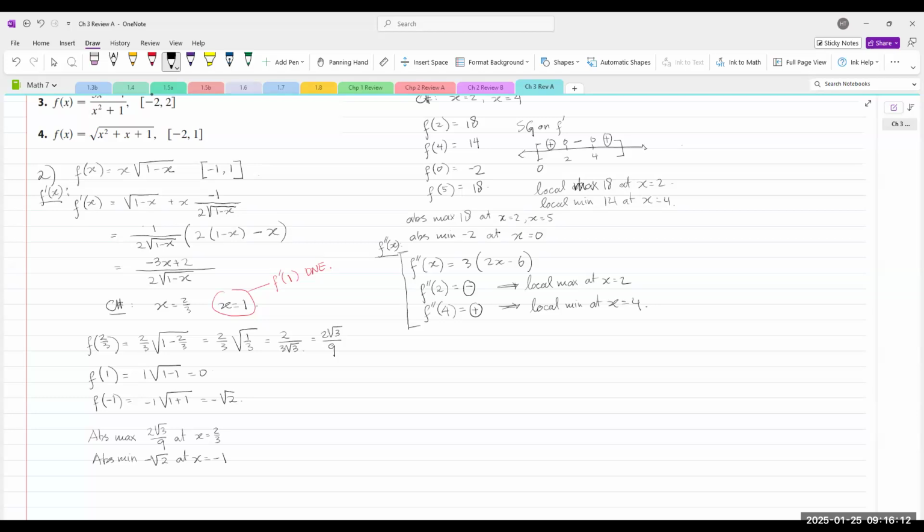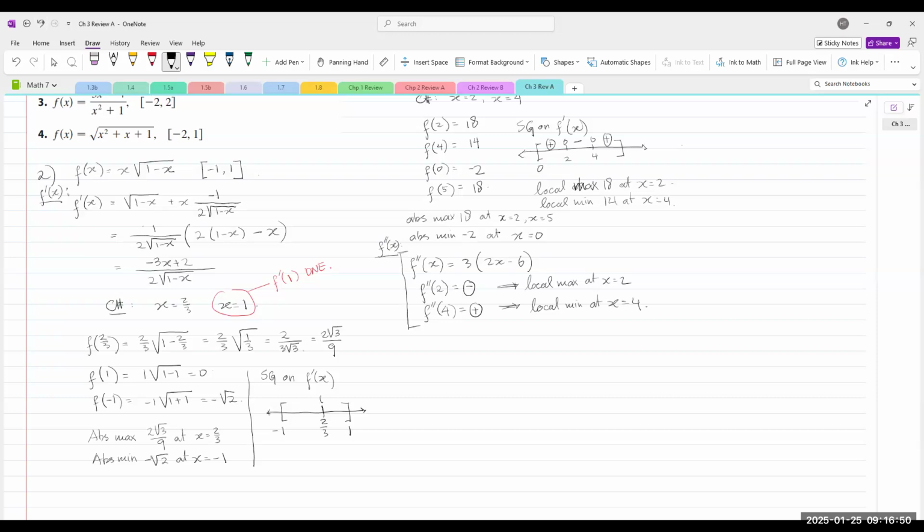Okay, let's do the sign graph to see the local max and local min. The sign graph on f prime x between negative 1 and 1. Okay, we have a critical value at 2/3. So the first derivative is, sorry, I wrote it wrong.